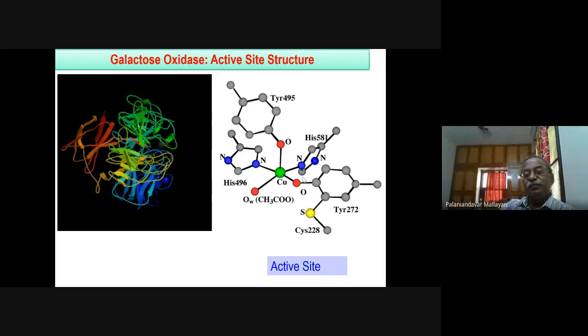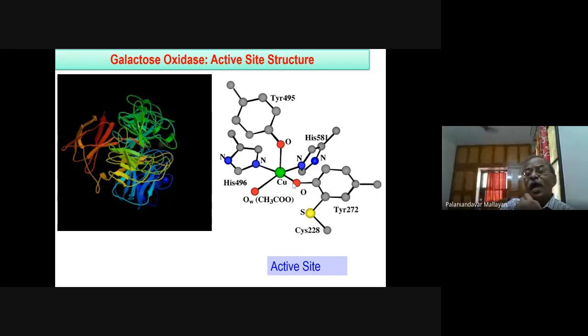Which has different oxidizing capacities, oxidation levels, we say, right? So two electrons are involved in the oxidation of alcohol to aldehyde. That is supplied not by two copper ions, each with one unpaired electron, but you get this oxygen to have an unpaired electron.